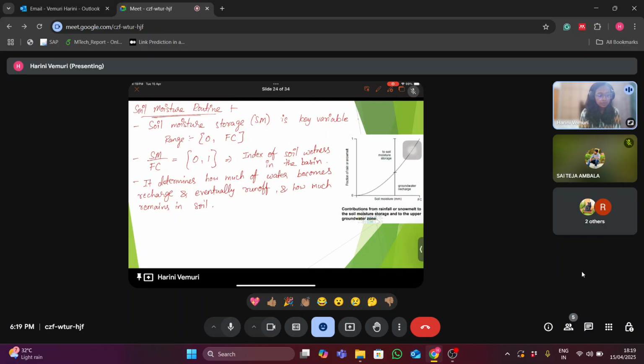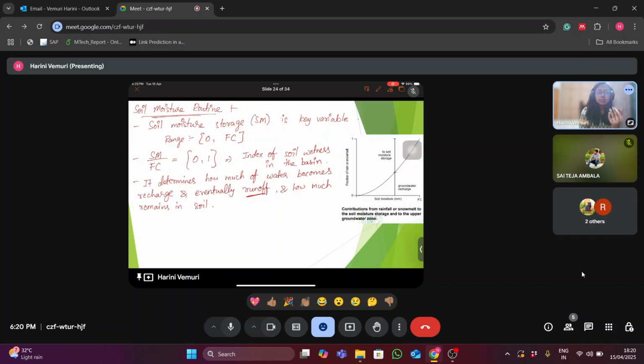Suppose the SM by FC value is 1, then we know that the soil is fully saturated. That means whatever rainfall is falling will mostly go as runoff, right? So we have an idea of runoff, and we can get an idea of groundwater recharge and groundwater flow using formulas like Darcy's equation.